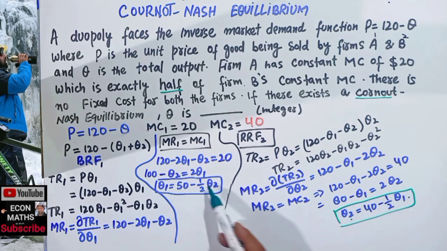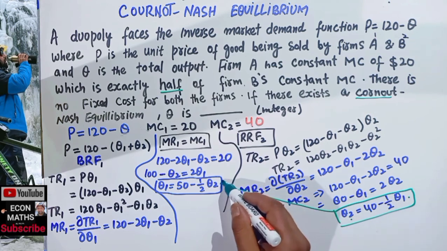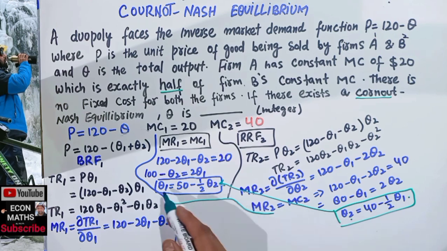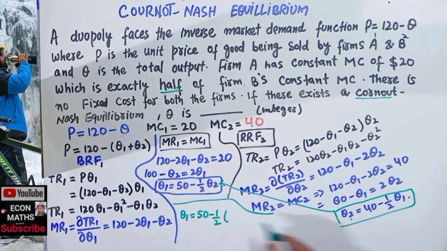Now Q1 is equal to this, Q2 is equal to this. Simply plug the value of Q2 into this function, or the value of Q1 here, it is one and the same thing, to find Q1 and Q2. So our Q1 will be equal to 50 minus 1 half of Q2, which is 40 minus 1 upon 2 Q1.